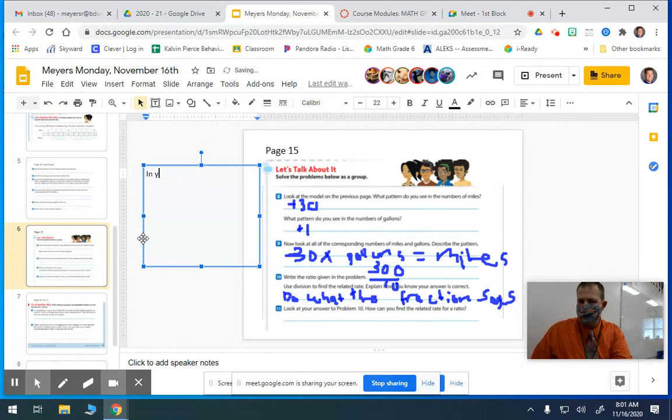In your notebook, please write: How do I find a unit rate? We're going to write down what we just wrote down. Do what the fraction, or should we say ratio, says? I'll put it in parentheses.